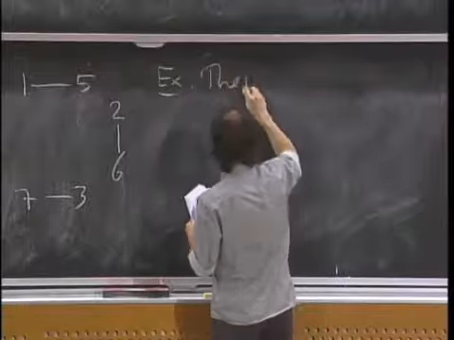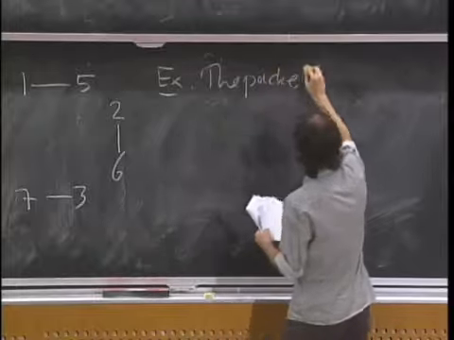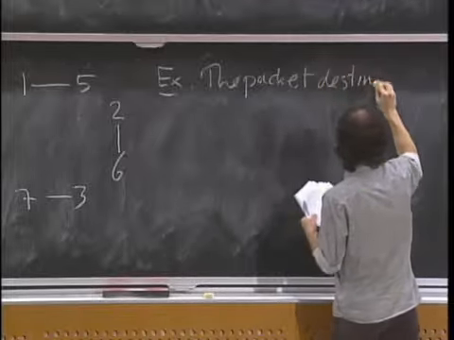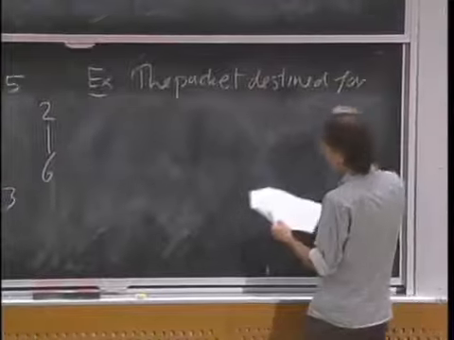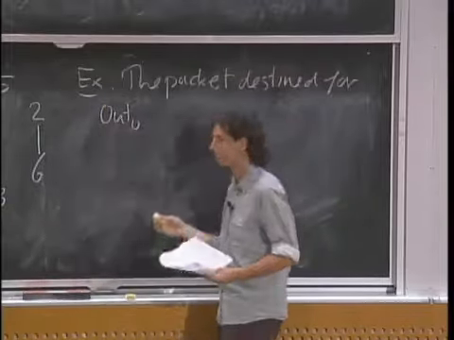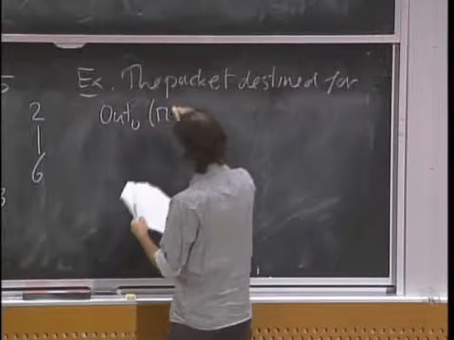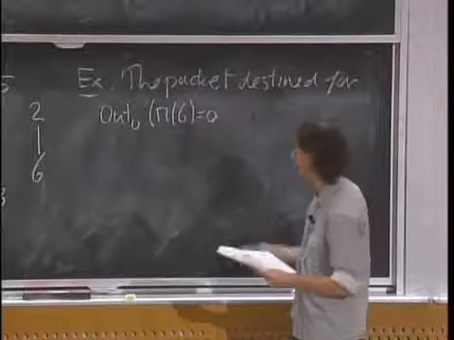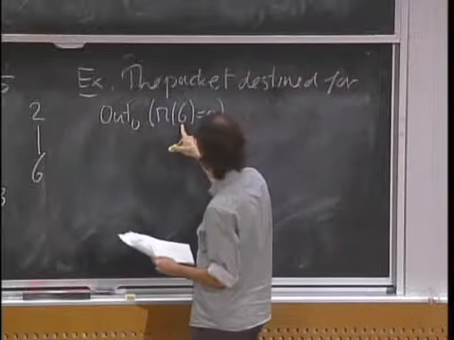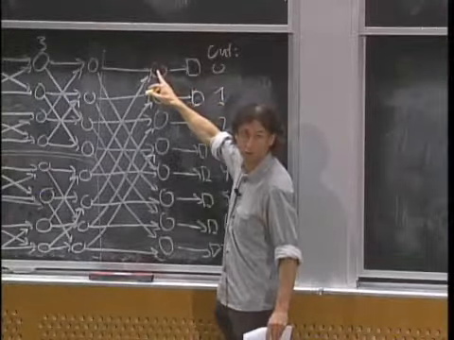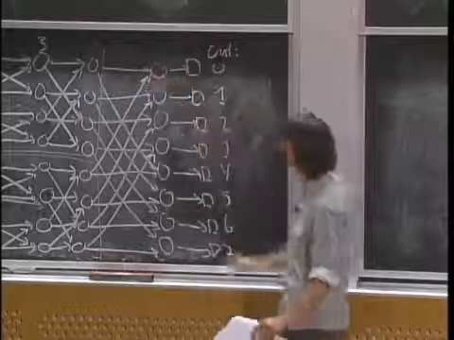And in this particular example, just as an example, suppose we look at the packet that is destined for output 0. Well, what is this packet? Well, I know that pi of 6 is equal to 0, according to my example. So packet 6 is destined for this particular output 0 over here, and goes through this particular switch.